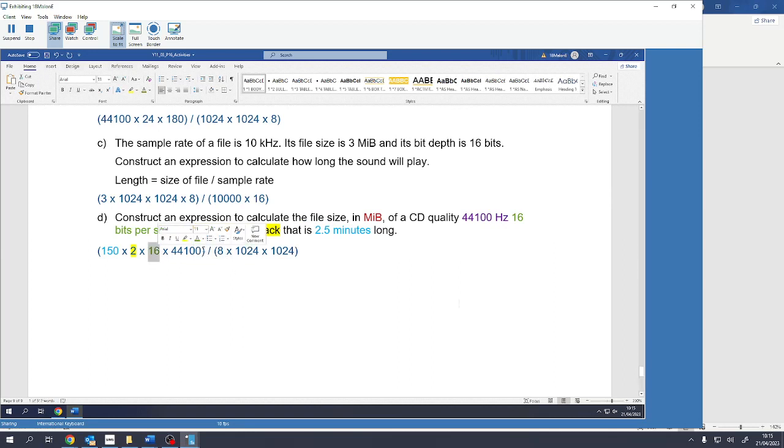Yep, it goes at the top of the expression because if you have a higher number of bits, it's a higher file size. And the sample rate is 44.1 kilohertz, 44,100. Good. We need to divide by 8 to get into bytes. We need to multiply the 8 before we divide by 1,024 and another 1,024 because we want the answer in megabytes. I think that is spot on. Well done.